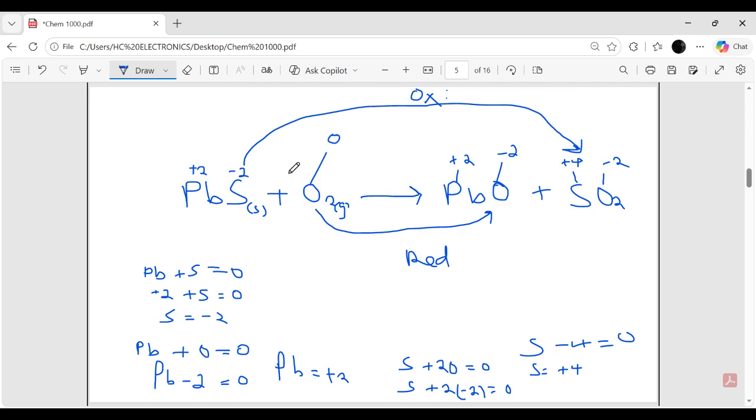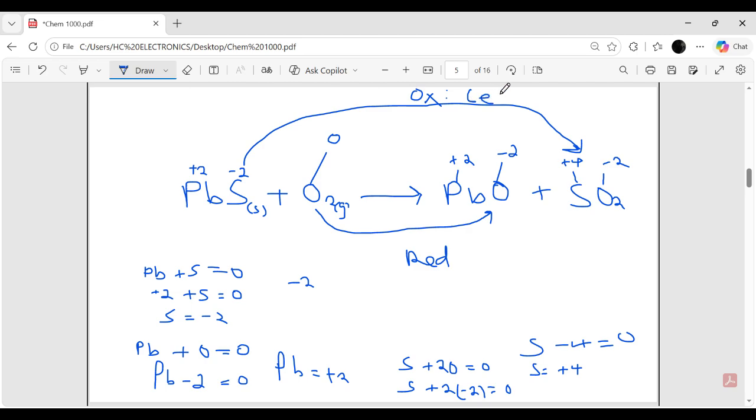Okay. So by how many electrons has it been oxidized? This one was -2. Then from -2 it went -2, -1, 0, 1, 2, 3, 4. So it has lost how many electrons? It has lost 6 electrons.